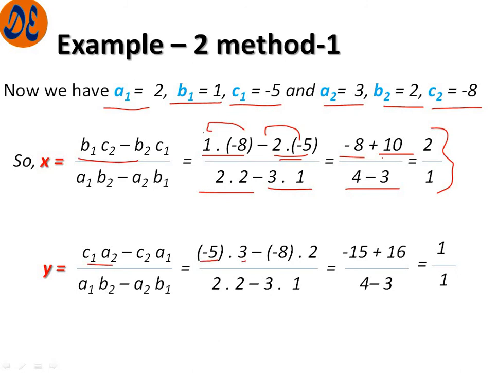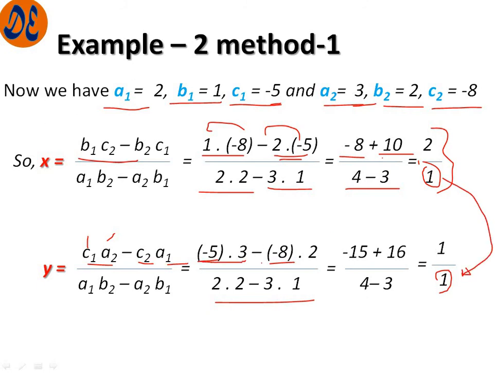Here -5 into 3, let us check the values. C1 is -5, and a2 is 3. Similarly, with c2 and a1, -8 and 2, the lower part is the same as we have obtained, so we are not going to recalculate it.